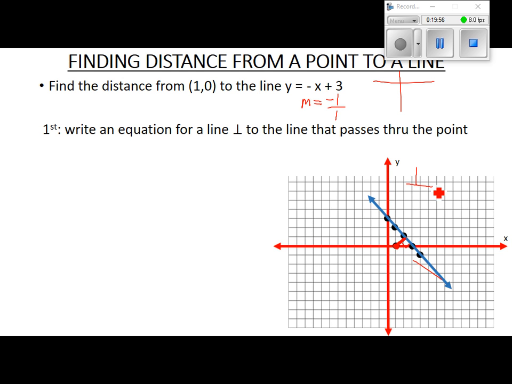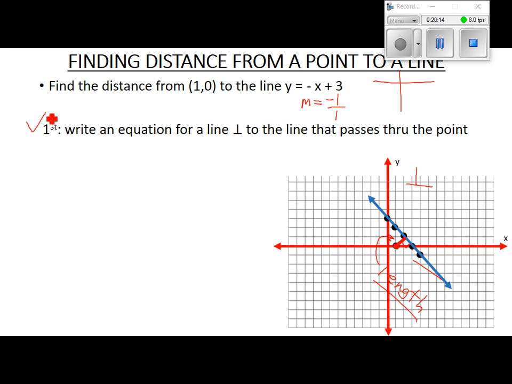That right there is the distance that we're looking for. We're looking for that length. Again, you don't have to graph all these if you don't want to, but if you're more of a visual person where you need to see it and say, okay, I'm looking for that length right there, then it might be helpful. That's up to you.